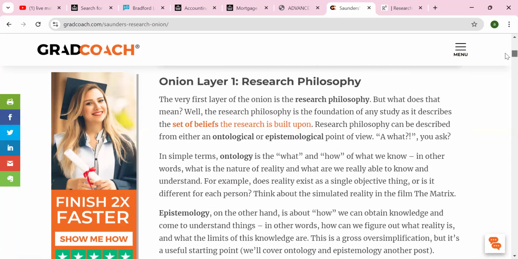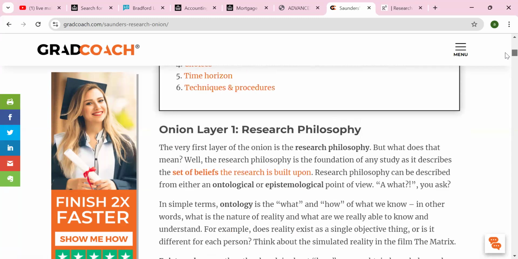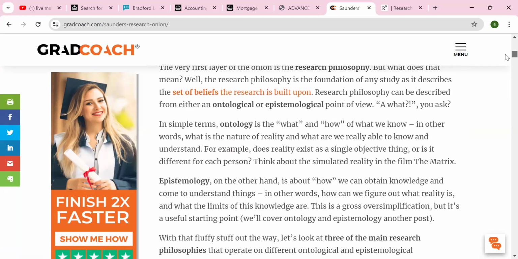The first layer is the research philosophy, which sets the beliefs the research builds on. We can look at the ontological approach, which is the point of view of what you ask in the research and how you will do it. In other words, the nature of reality.